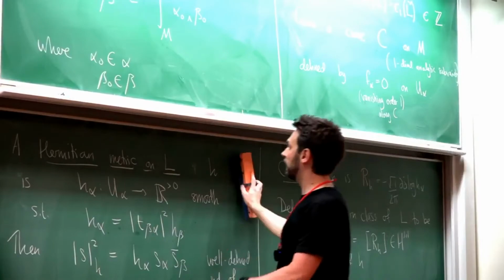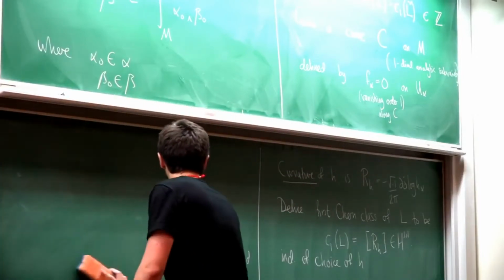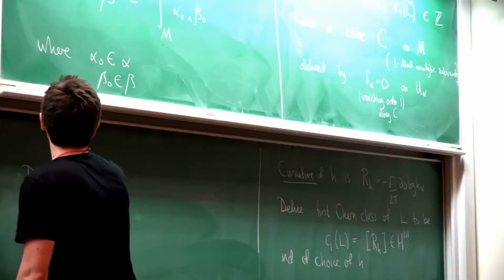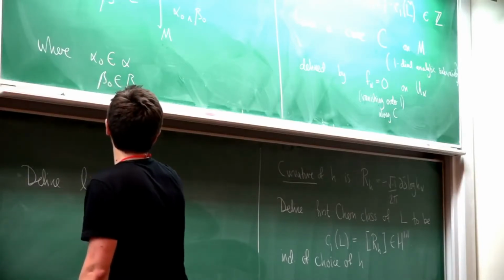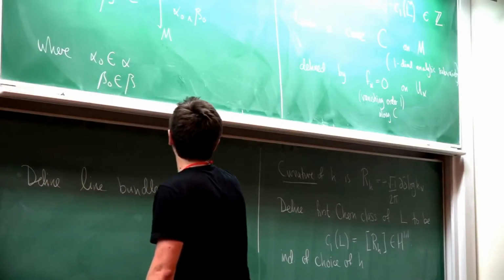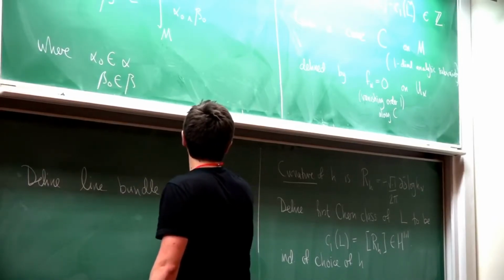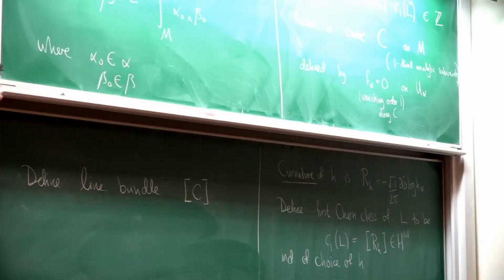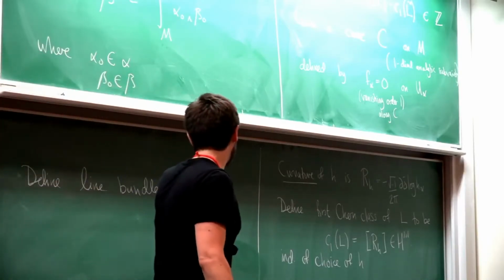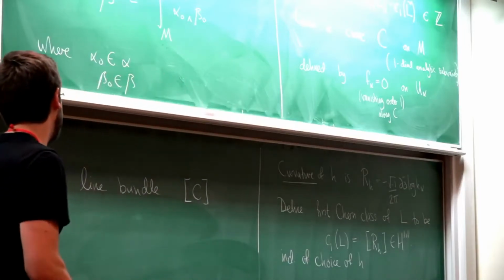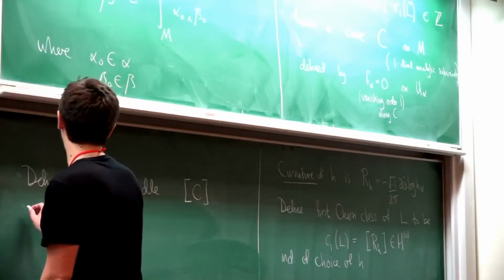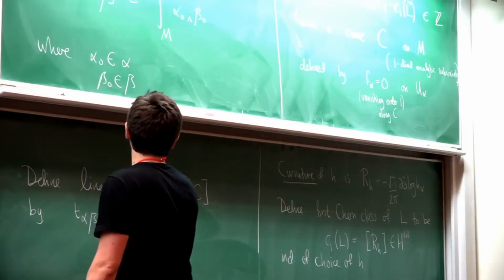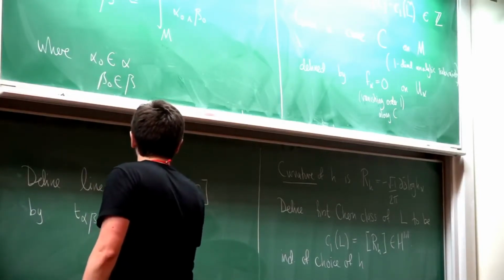And then it turns out, given that data, you can define a line bundle, which I'll write as C with the square brackets around. I guess that's a little bit confusing with the cohomology class, but that's the notation I'm going to use. By simply, t alpha beta is f alpha over f beta.